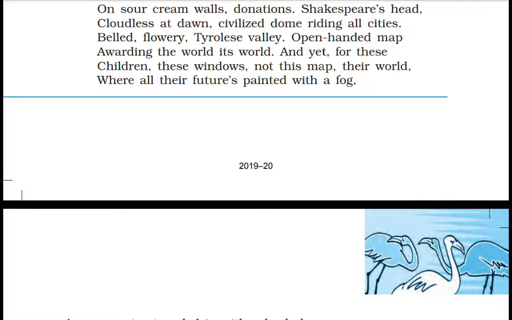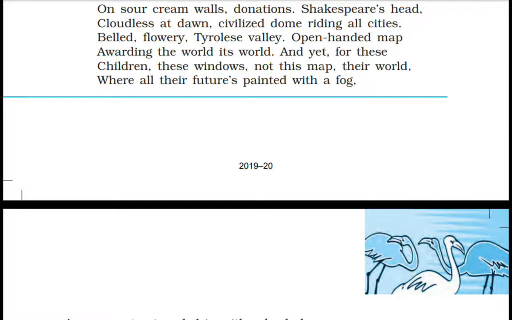When the cream turns sour, it becomes yellowish. So even the walls are yellowish in color. What does this mean? This means that the walls have not been painted for long, and that's why they have turned yellow. So sour cream walls is again a metaphor where walls have been compared to sour cream.